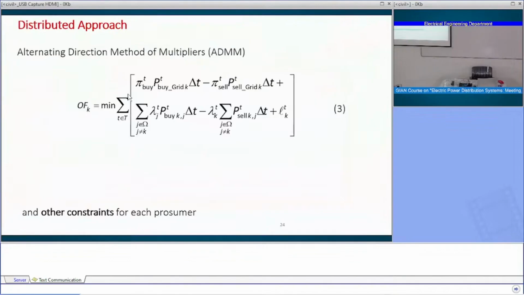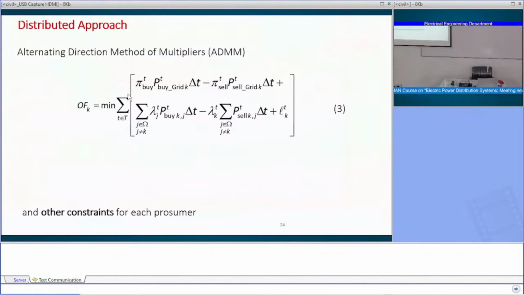So the idea is that this distributed optimization is an iterative procedure. It is not a single step, just a calculation, but there are interactions. And what is exchanged between the prosumers are the lambda.